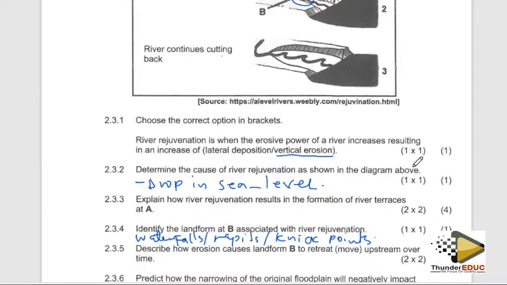2.3.5. Describe how erosion causes landform B to retreat or to move upstream over time.